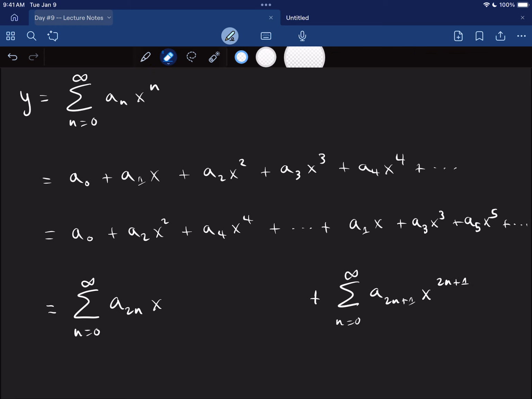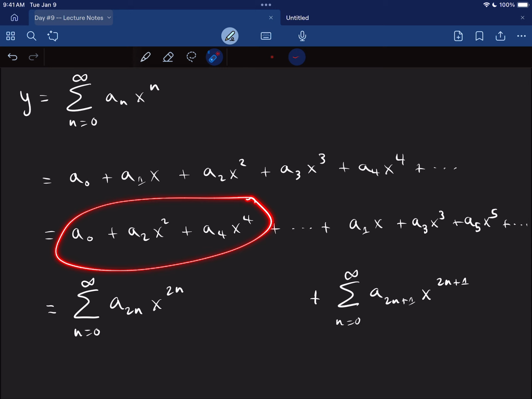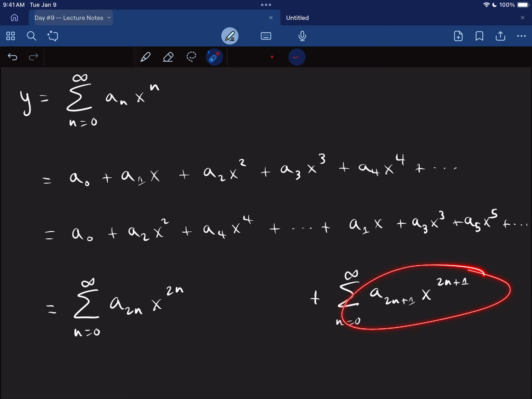That should be 2n on the even one. Basically, looking at here, I don't want to count every single n. I want to count every other n. So I'm just doing 2n. And the same thing goes there. I want to count every other n, but shift it up by 1 so that they're all odd instead of all even.